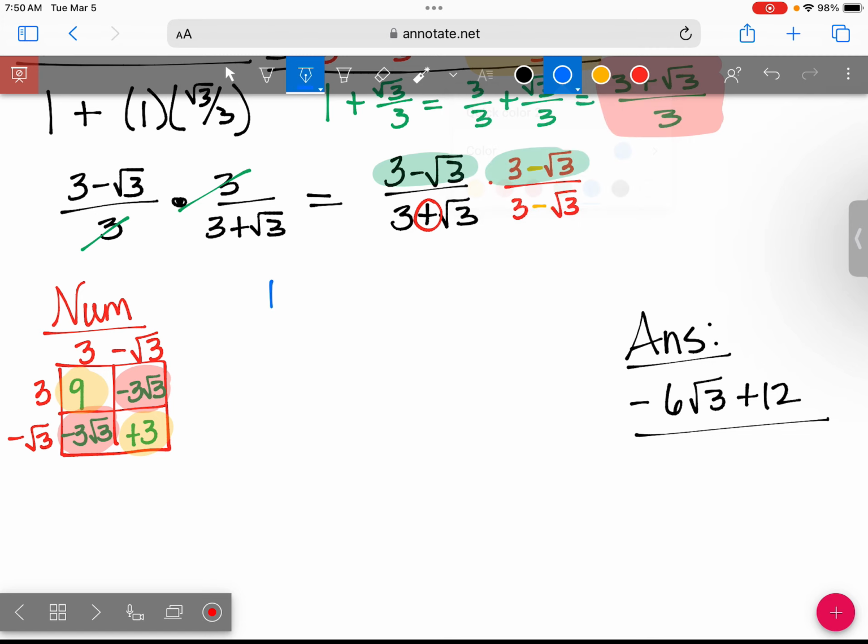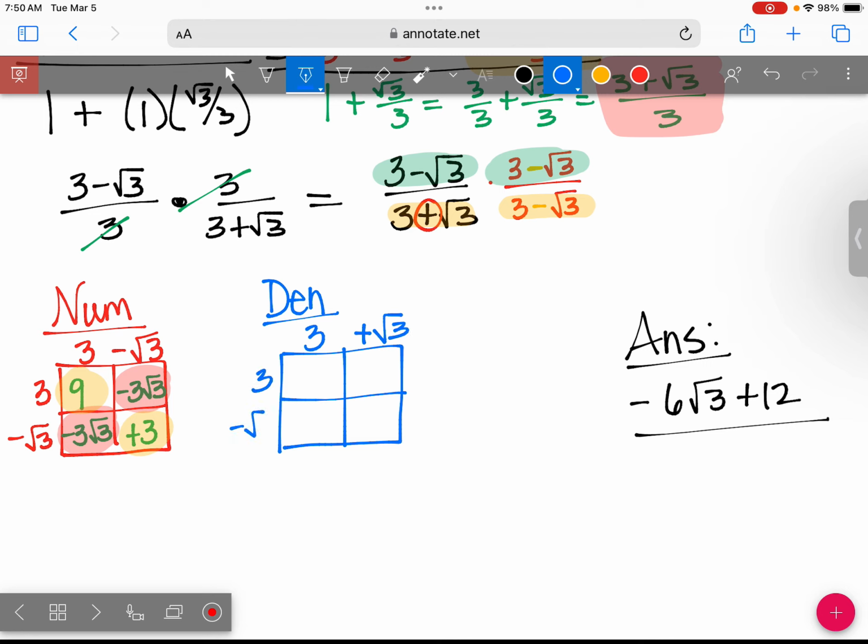Let's make a box. And when we multiply our denominator, we're multiplying these 2 that I have highlighted in yellow. Using lots of colors to help organize it. So 3 plus root 3 over 3 minus root 3.